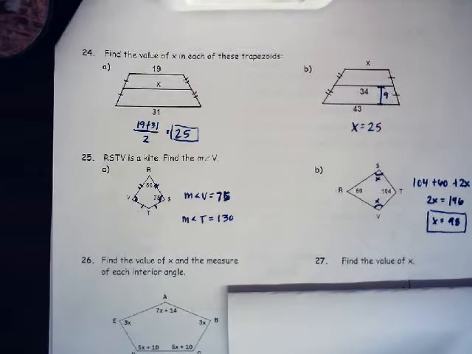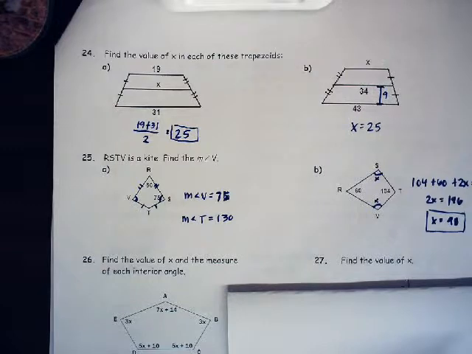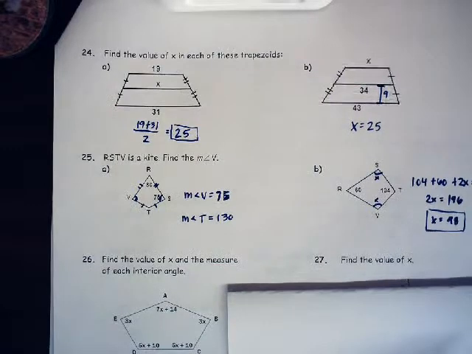Okay, find the value of X and the measure of each interior angle. So on this one, it's a pentagon. So I need to take 180 times 3 because the pentagon is 5 sides. So I always multiply by 2 less. And that's 540.